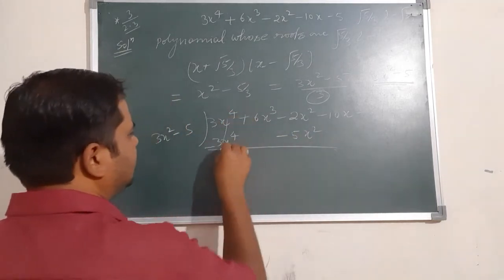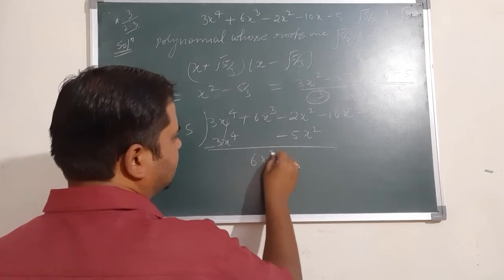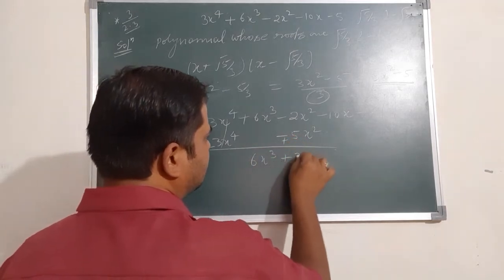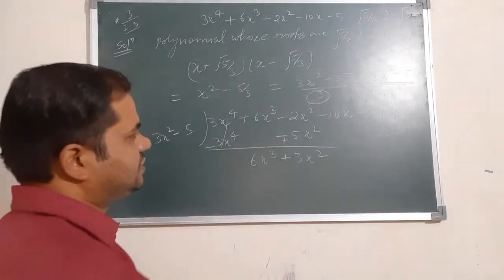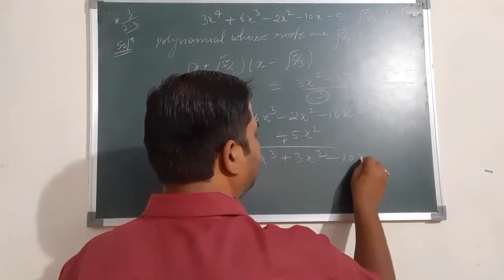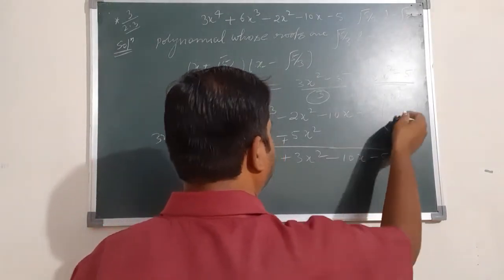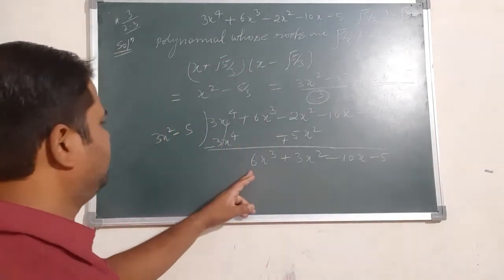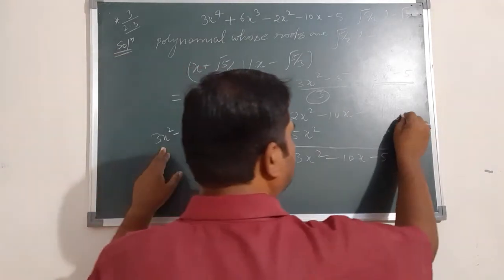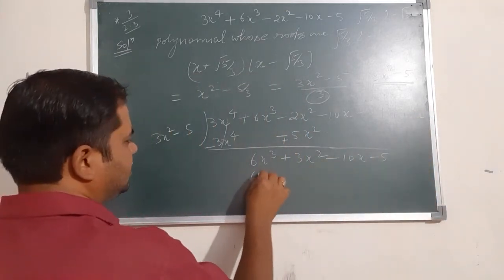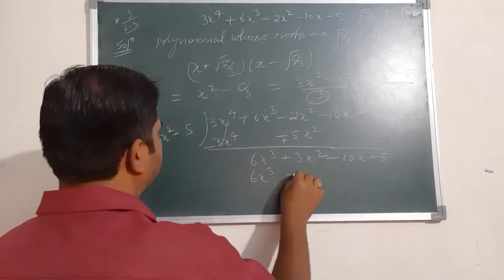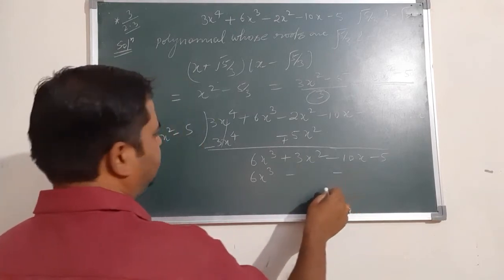This is cancelled out. 6x cube plus 3x square and minus 10x minus 5, and next term 6x cube, so 2x, 2 threes are 6x cube minus 5 twos are 10x.